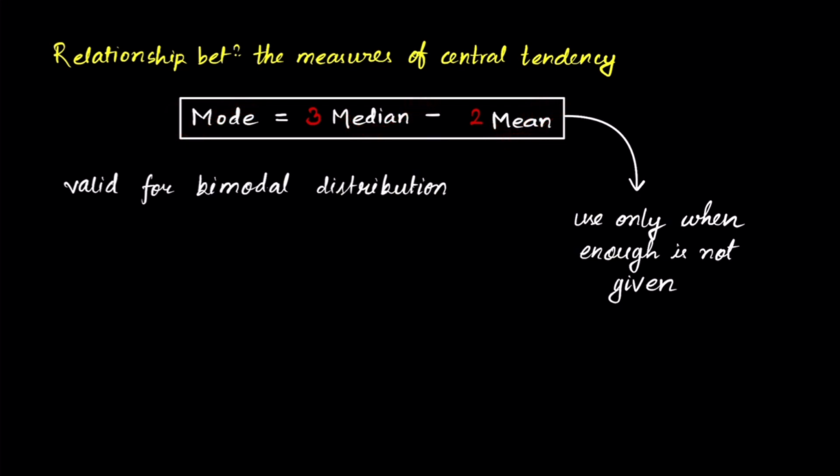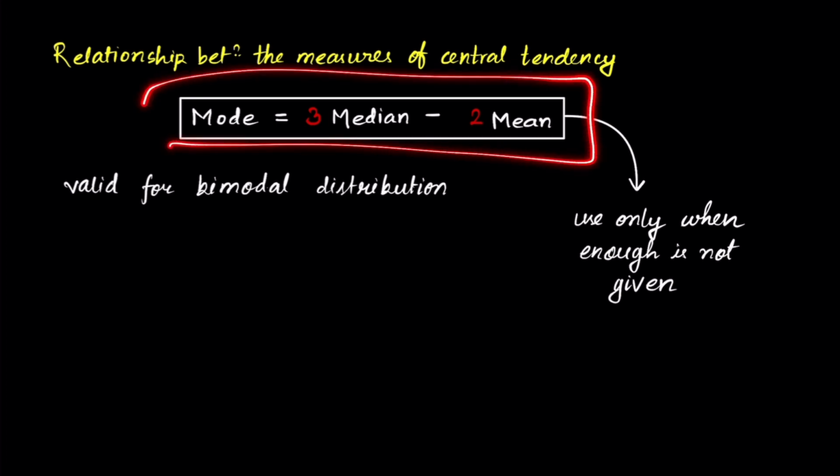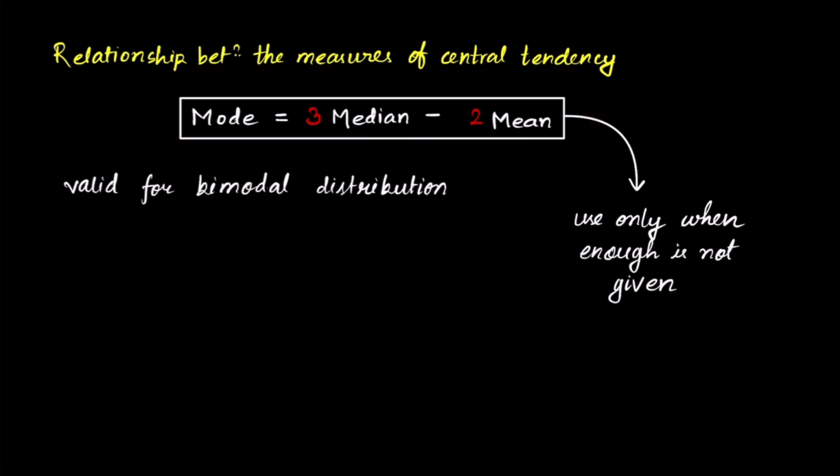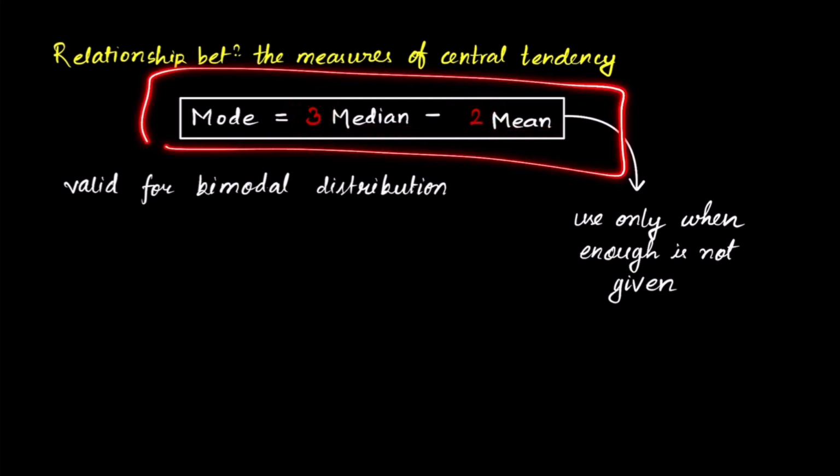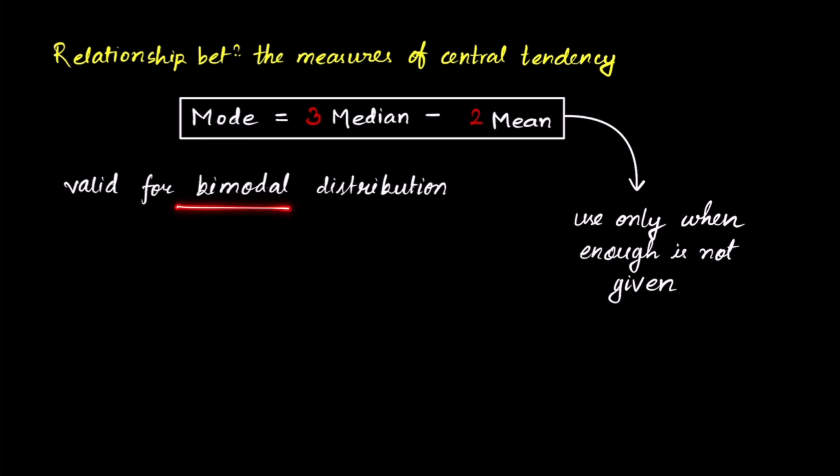In that case, when two of them have been given, to find the remaining one, you can directly apply this formula, which shows the relationship between all three of the central tendencies. Mode equals 3 times median minus 2 times mean. This formula, by the way, is valid for bimodal distribution, where there are two modes present for the data distribution.